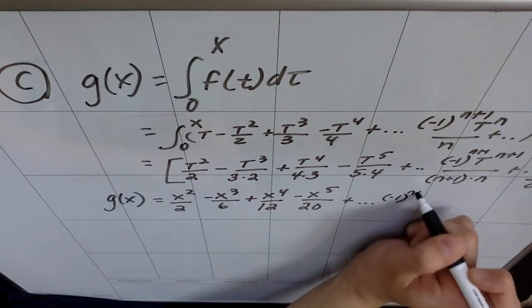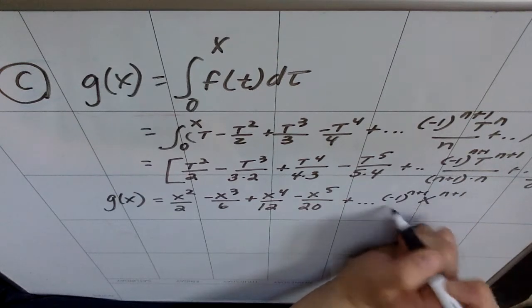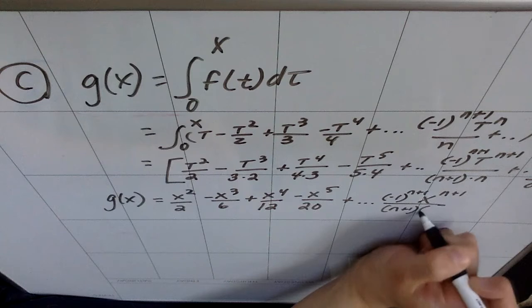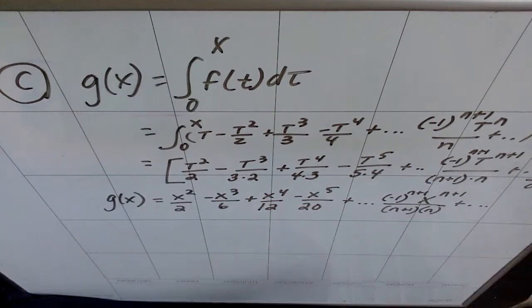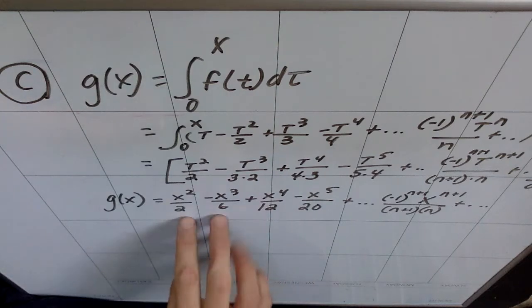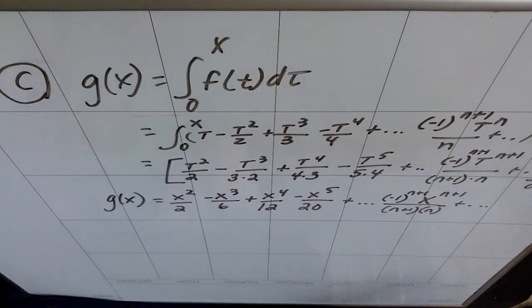Negative 1 to the n plus 1 x to the n plus 1 over n plus 1 times n. And you can distribute that if you want, but I don't think there's a huge reason to do so. Let's double check that we did that. Write the first 4 non-zero terms, 1, 2, 3, 4, and the general term. Boom, did it. Cool. All right.